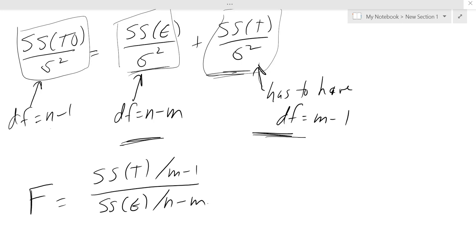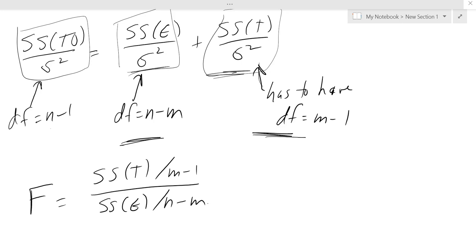If the means are not equal, the expected value of this piece goes up. It's bigger than sigma squared. They go through an explanation of why in the book. You can rewrite this part as something that has an expected value of sigma squared plus something that's definitely positive if they're not equal.